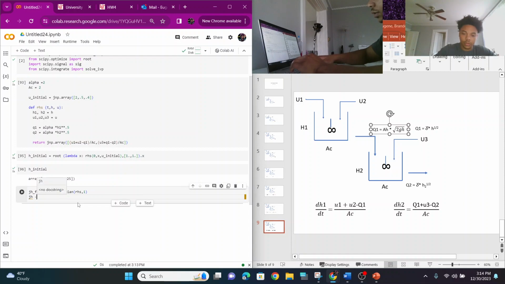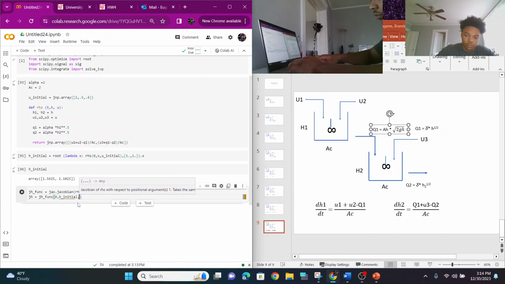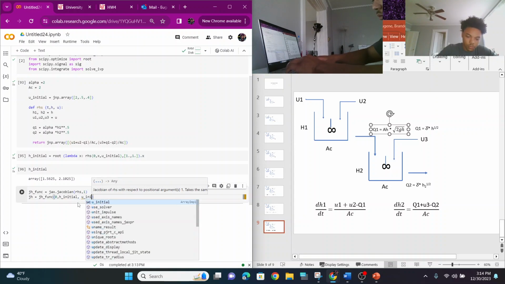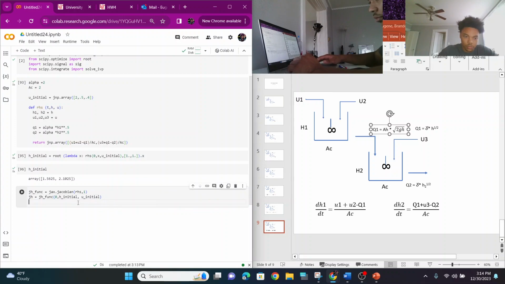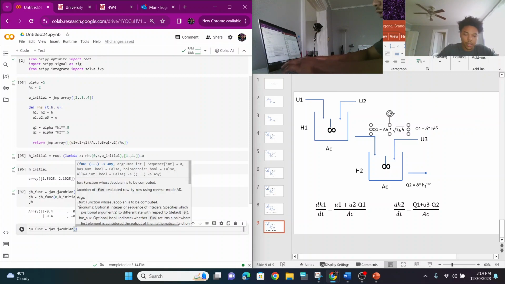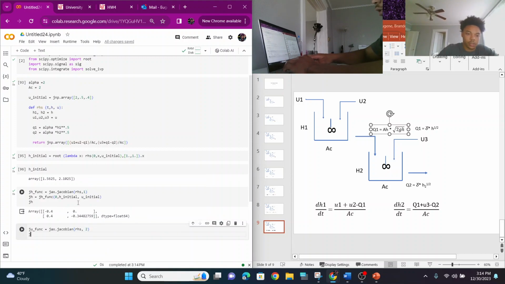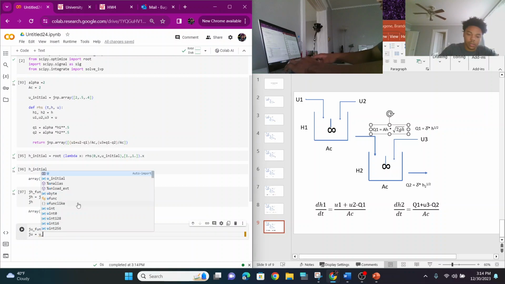Then jh is going to be equal to, and our initial values are h, and ju. It's going to be the same thing using the Jacobian method so that we can put it into matrices. And then we're going to combine the matrices to use for another function later.